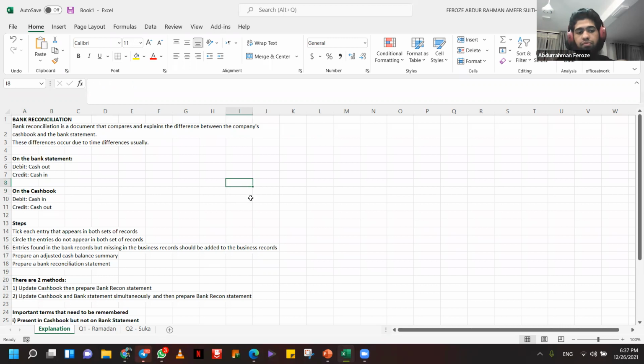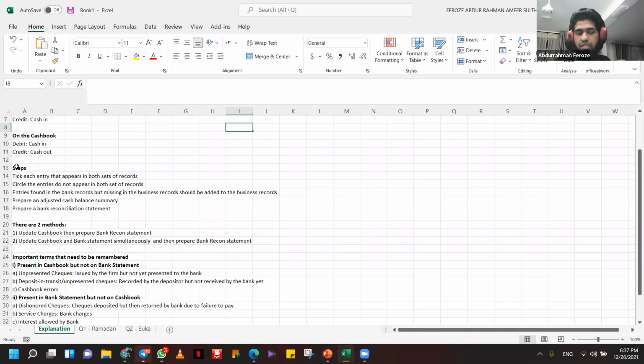Then we have the steps to do bank reconciliation. There are two methods. I'll show you both methods, we'll go through both, and then you can decide which one is better. Basically, you have to identify the differences between the two: what entries are in the bank statement that are not in the cash book, and vice versa.